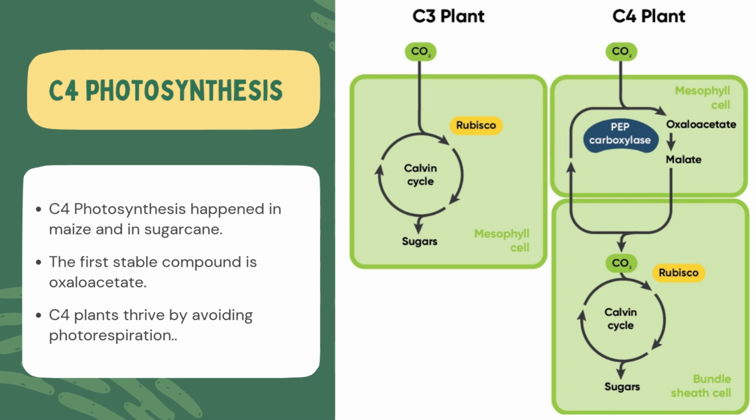These plants, which include sugarcane and maize, use a special enzyme called phosphoenolpyruvate carboxylase to fix carbon dioxide instead of rubisco. This makes the process much more efficient in hot and dry conditions. So while C3 plants lose energy in photorespiration, C4 plants thrive by avoiding it.